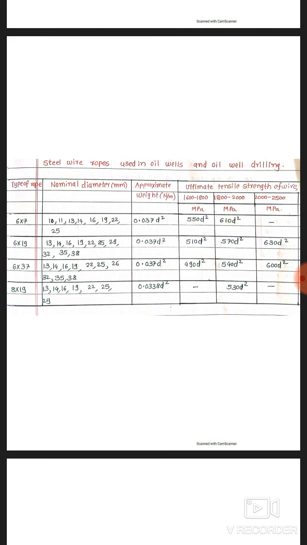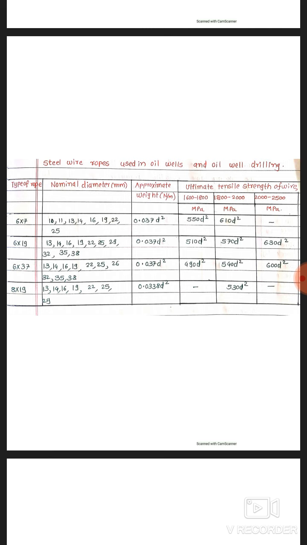Approximate weight becomes 0.037 d square, in Newton per meter. Ultimate tensile strength is 510 d square for 1600 to 1800, 570 d square for 1800 to 2000 and 630 into d square for 2000 up to 2500.